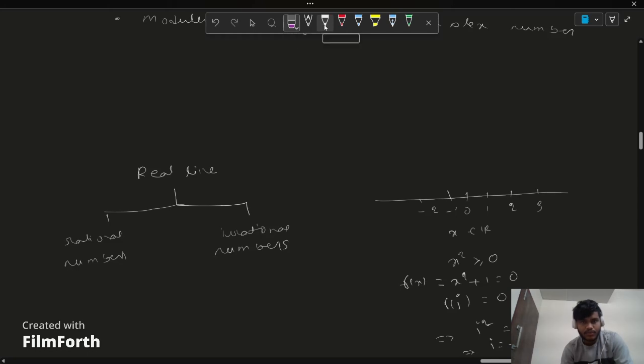Now where do we put that imaginary number? Because we know the real line doesn't contain the solution of this, we need to make an imaginary axis. Let me pardon my drawing.